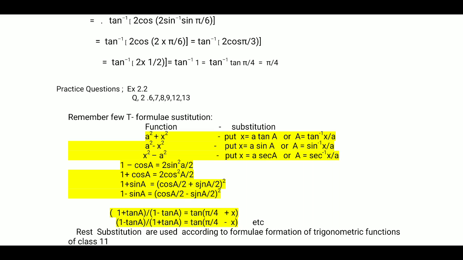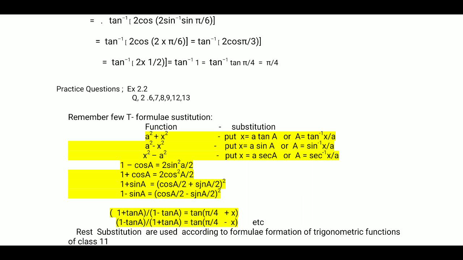In such cases, we put x is equal to a sin a or a is equal to sin inverse x upon a. Similarly, if we have a function of x square minus a square type, in this case we put x is equal to a sec a or a is equal to sec inverse x upon a. These are the few substitutions.